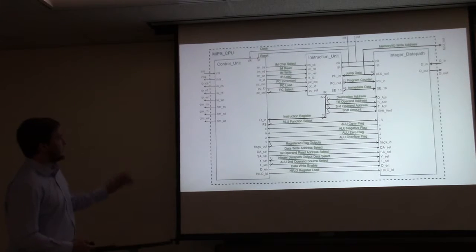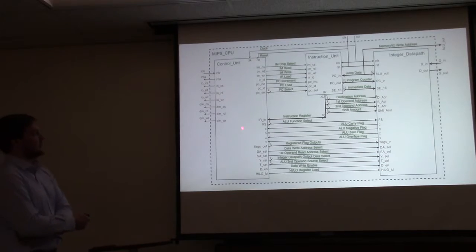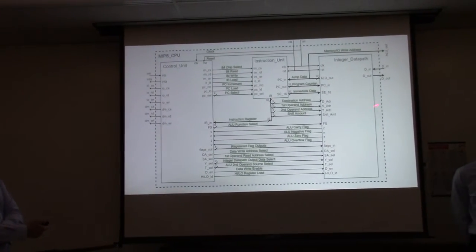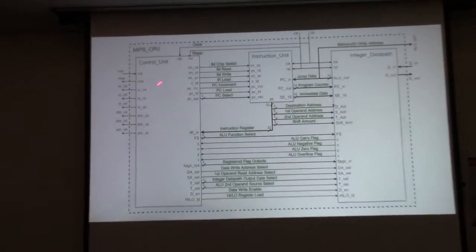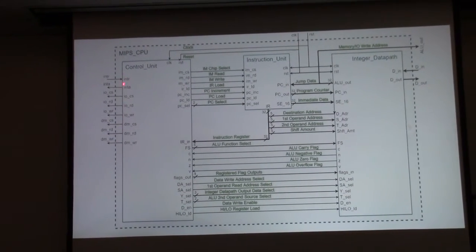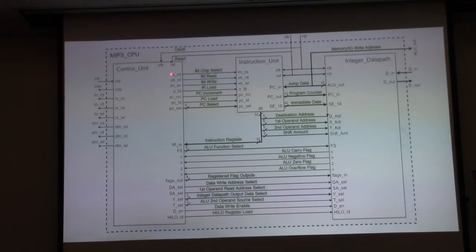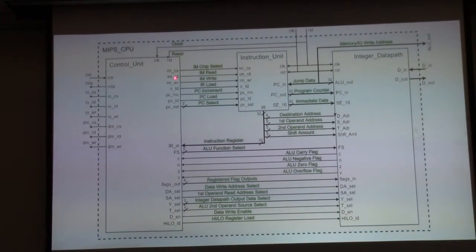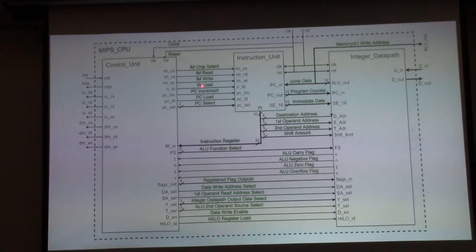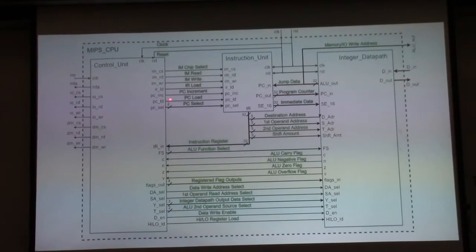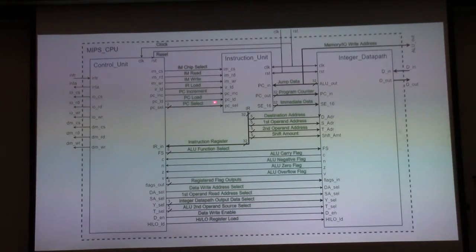Now inside of the CPU, we have the control unit implemented, the instruction unit, and the integer data path. Starting with the control signal outputs to the memory over here on the left, and then the control unit's control signals to the instruction memory, four of which control the loading of instructions to the IR register, or instruction register, and three of which control the changing of the program counter.